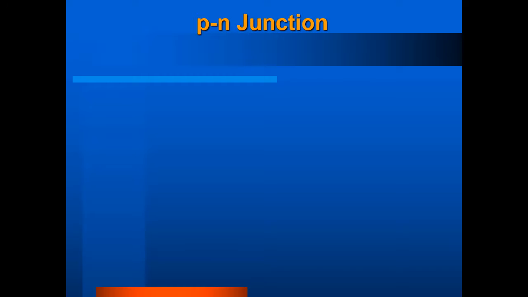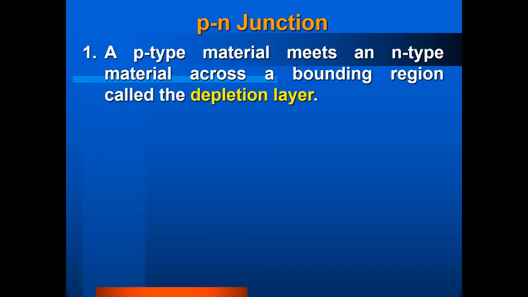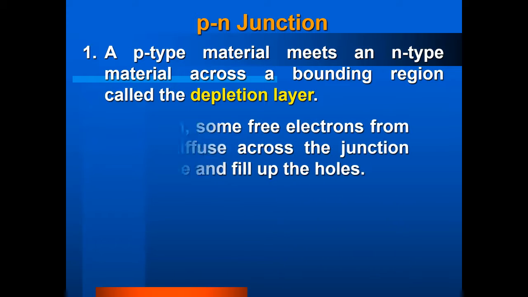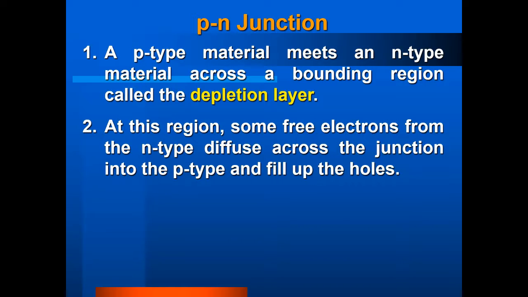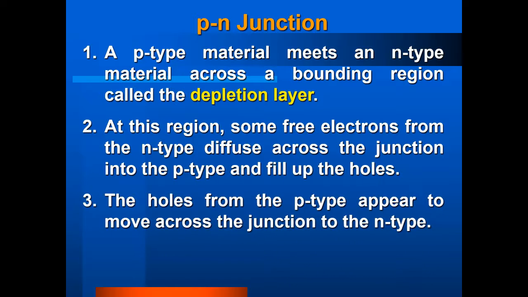Then we look at the P-N junction. A P-type material meets an N-type material across a bounding region we call the depletion layer. In this region, some free electrons from the N-type diffuse across the junction into the P-type and fill up the holes. The holes from the P-type appear to move across the junction to the N-type.